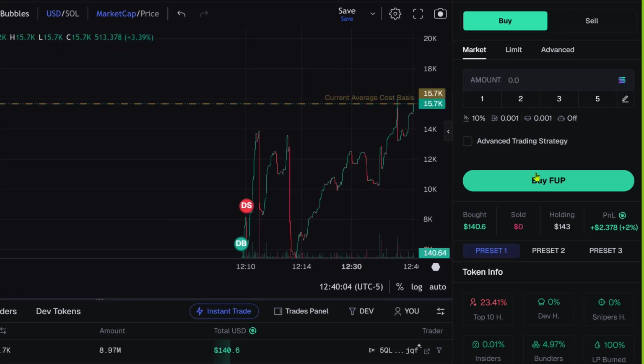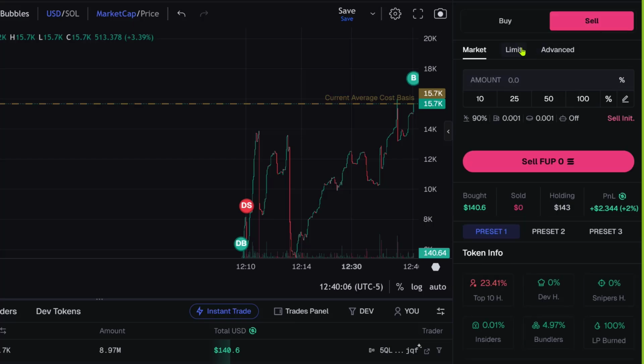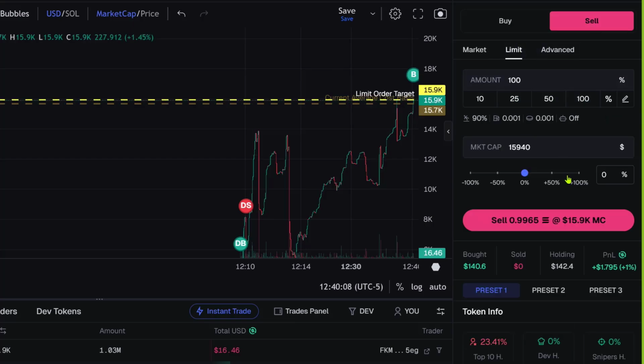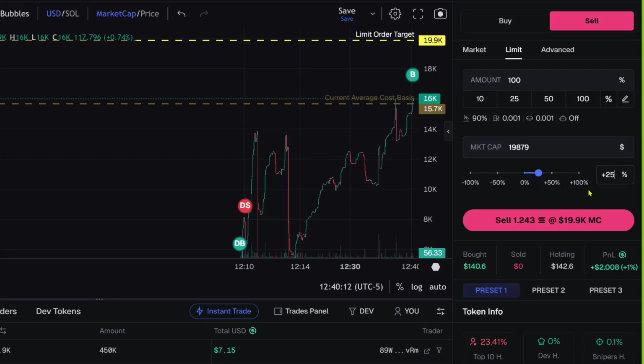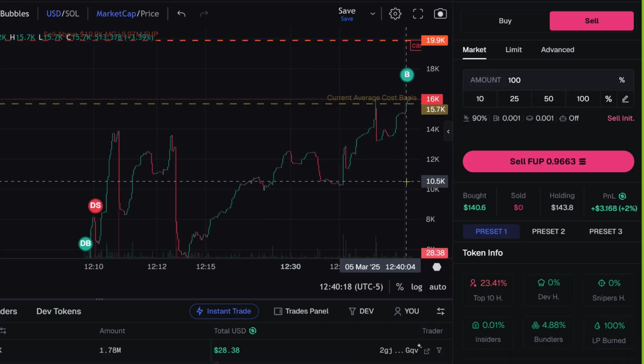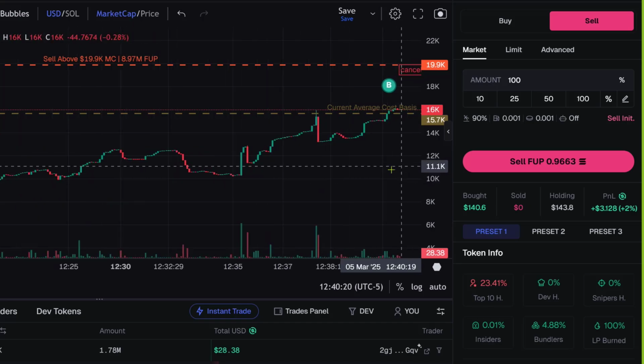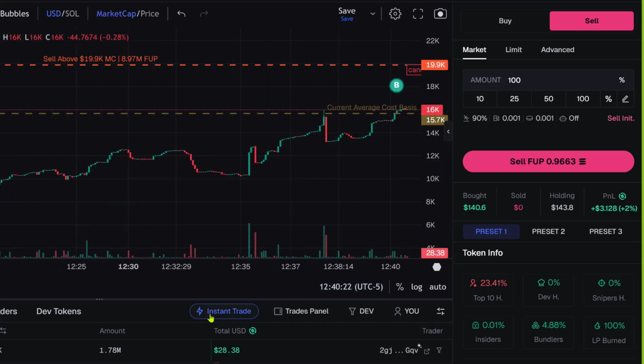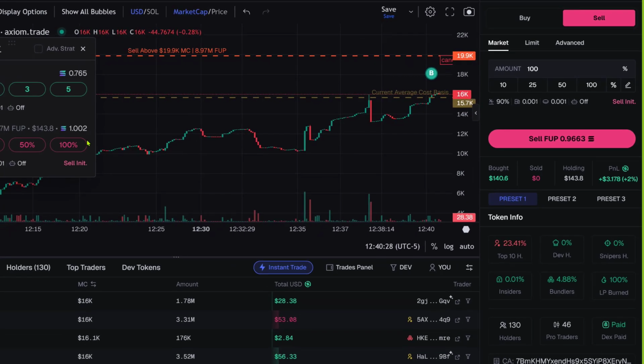One SOL. Sell. We gotta be patient with this one. Limit. Market 100. Let's be patient and see if it catches eyes. 130 holders.